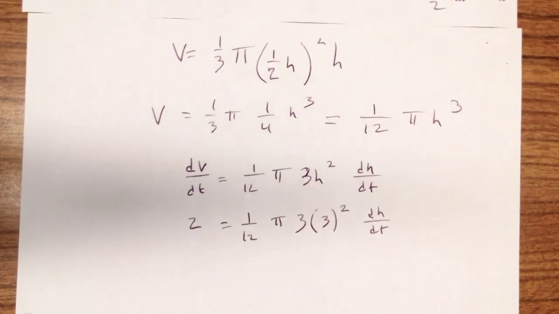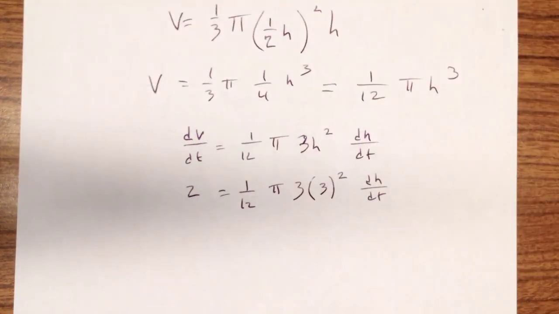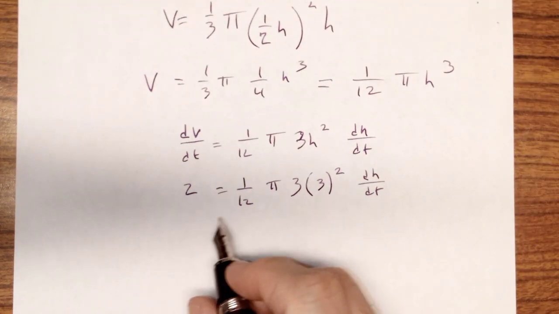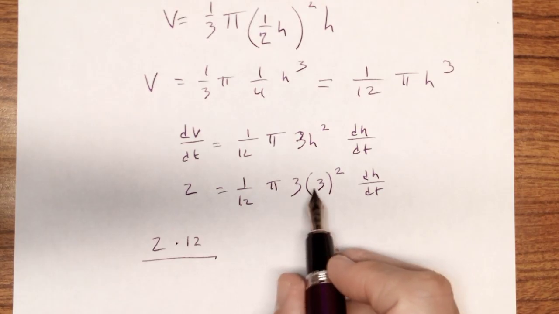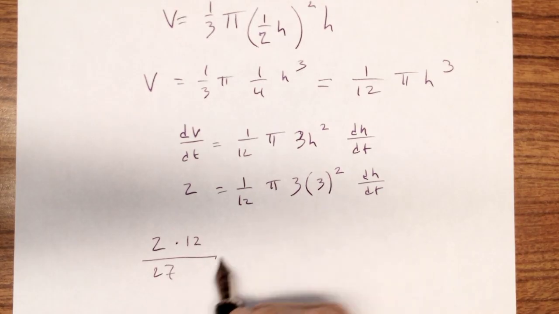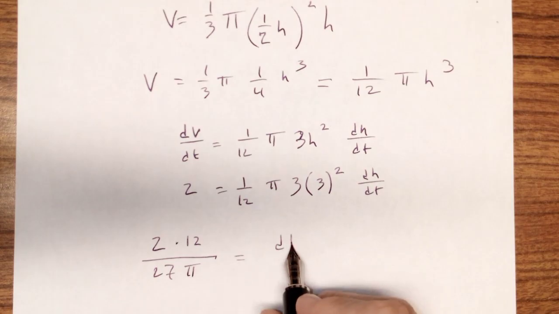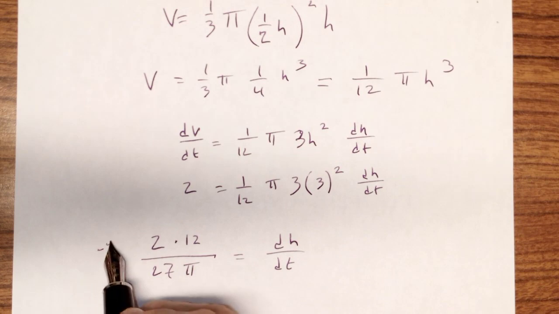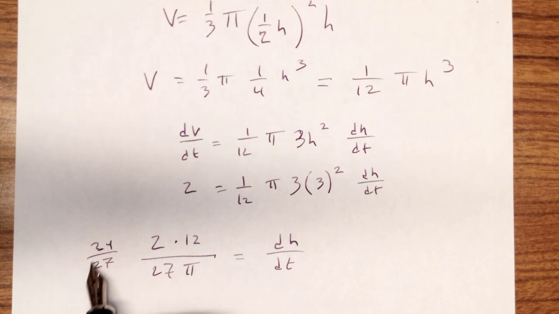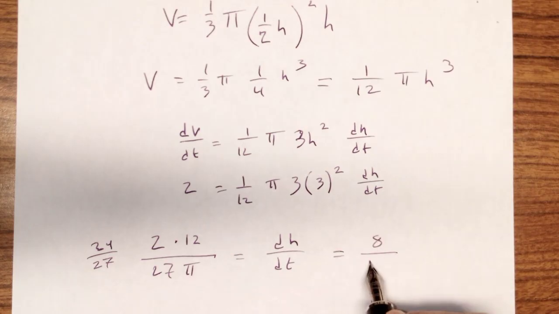So I get to solve for dH dt now. 2 times 12 divided by 3 times 3 times 3 is 27 pi equals dH dt. 36/27, right? No, 24/27. Those are both divisible by 3. That's 8/9 pi. Out comes my calculator.